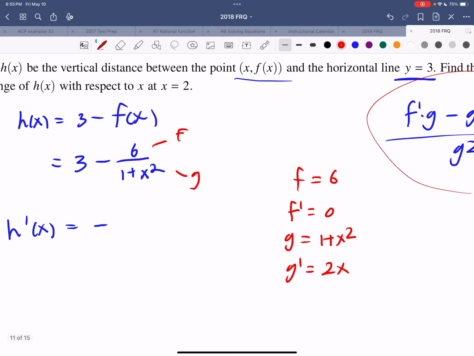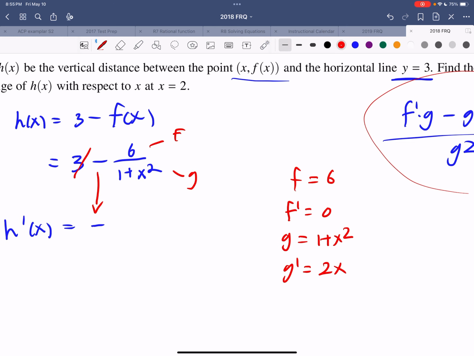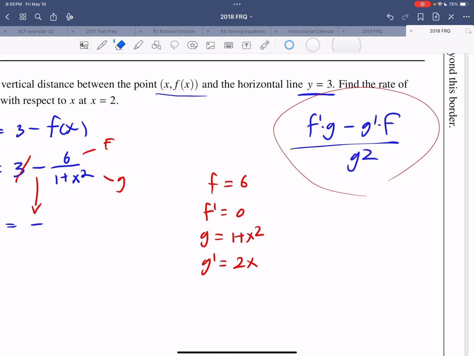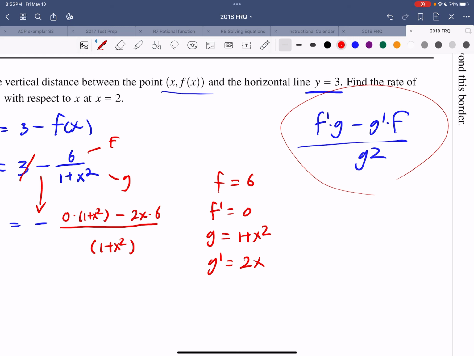So let's plug this in. I still have a minus here, because although the 3 disappears, I still have a negative. So negative, f prime is 0, so 0 times g, 1 plus x squared, but who cares, that's going to disappear. Minus g prime, which is 2x, times f, which is 6, over g squared, which is 1 plus x squared, squared.